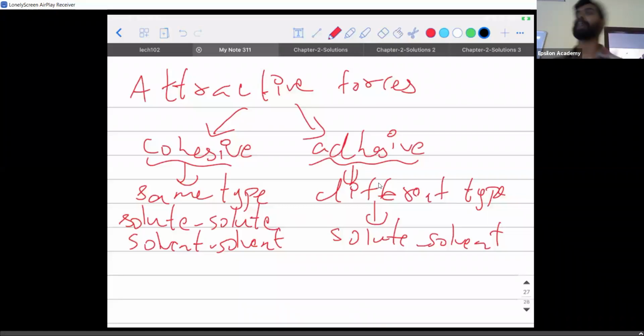Okay, right. Now, if I want the solution to be ideal, I can give you the fourth condition also, but you don't have to write this in the exam. This is just for your understanding.